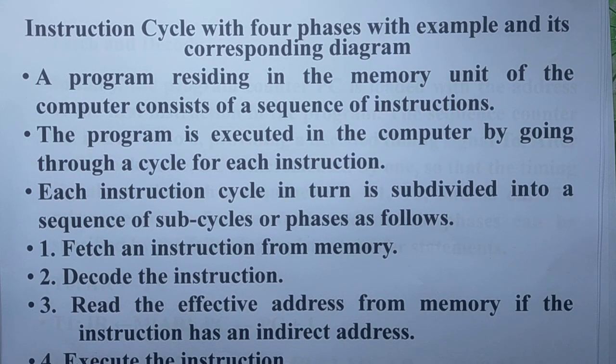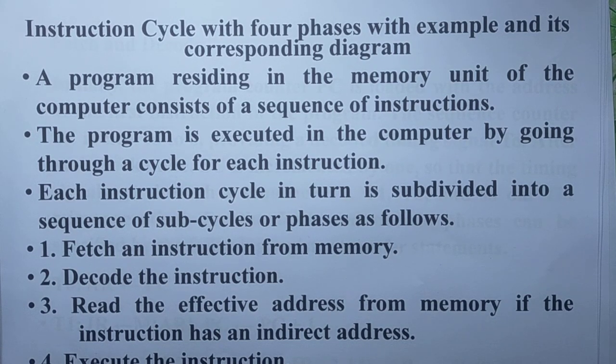Next, after fetching that instruction, we decode it, because the instruction cannot be executed directly. So the second phase is decode, because each instruction has different parts, and each part should be appropriate for the computer to execute.